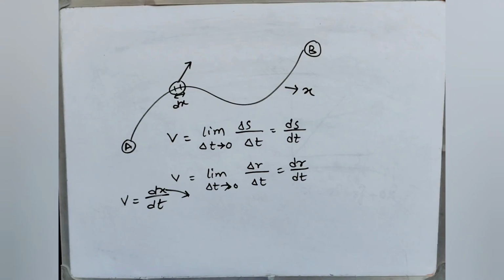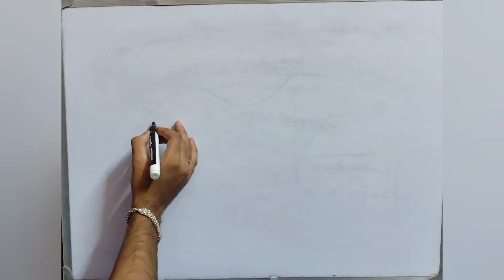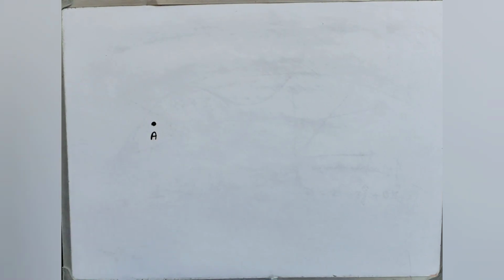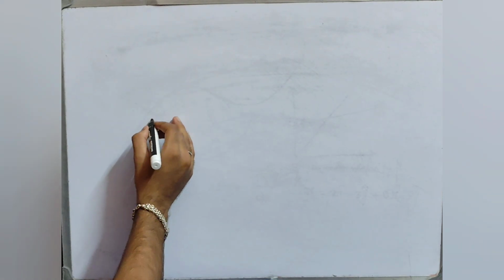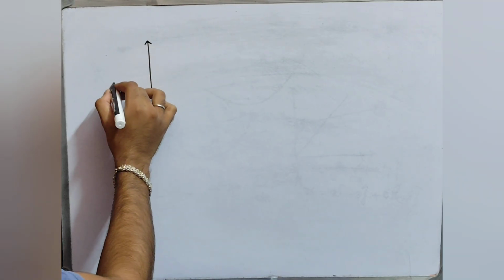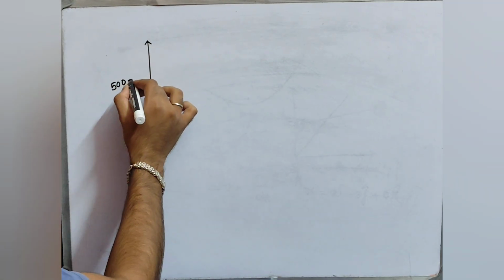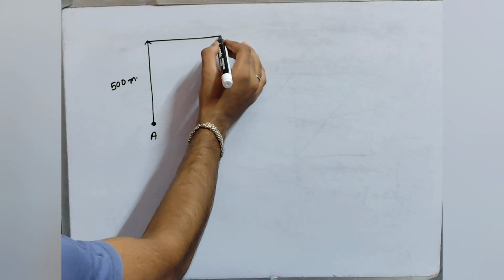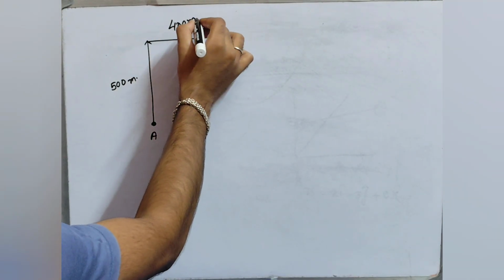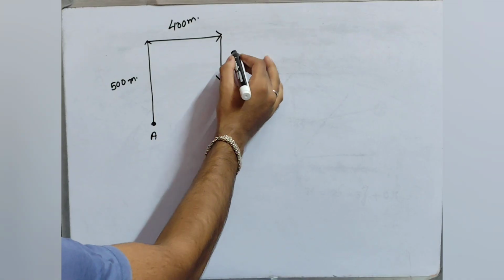This is time to solve some numericals. Question number 1: here is a farmer at point A and he goes in the north direction approximately 500 meters, then he goes in the east direction 400 meters, and then in the south direction 200 meters.